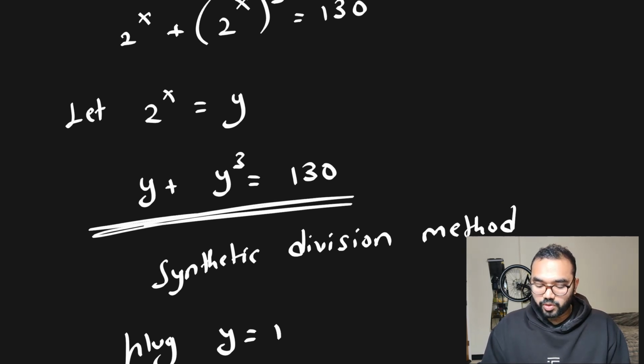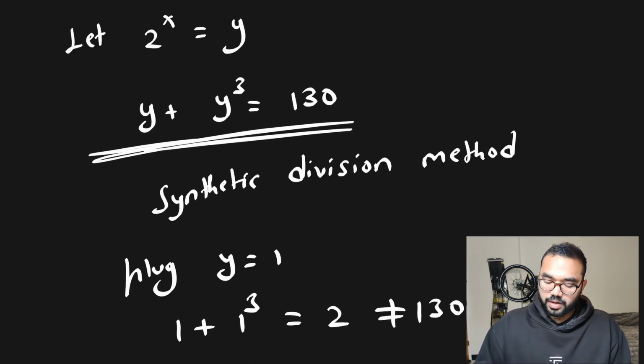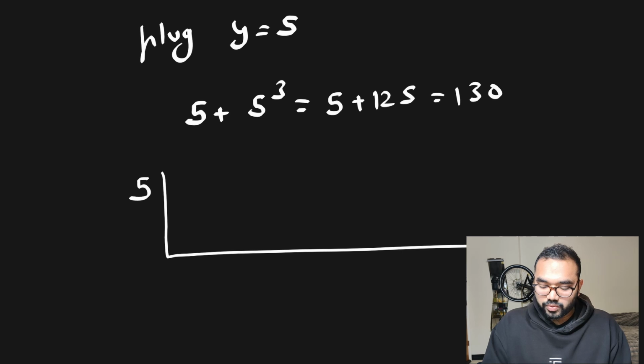The y cubed coefficient is 1, and there is no y squared, so the y squared coefficient is going to be 0, the coefficient of y is 1, and the constant, we should bring all terms to one side. So we'll bring this 130 to the left side, and that will become minus 130. So the elements that we have to write are 1, the coefficient of y cubed, the coefficient of y squared, the coefficient of y, and the constant term.